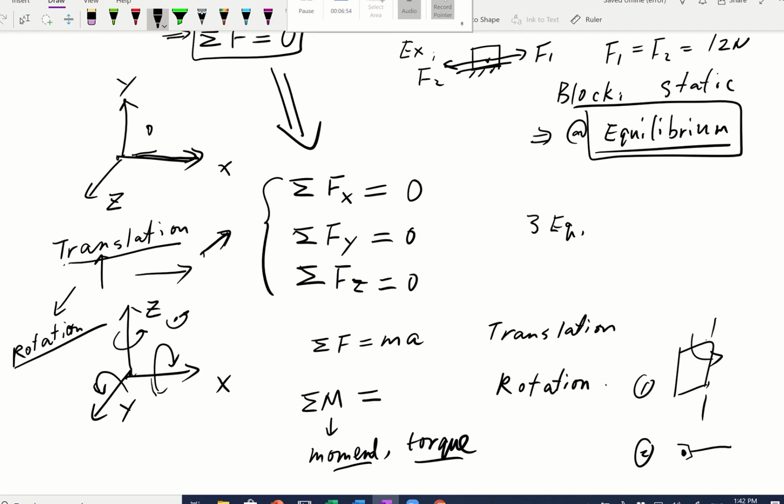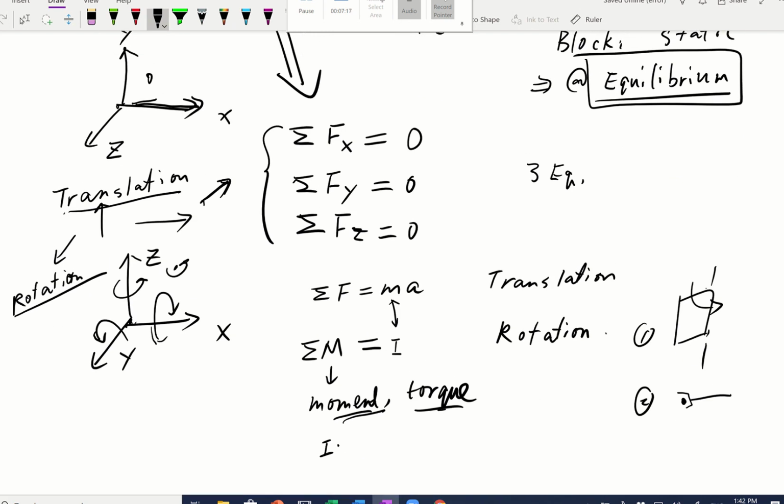You go around clockwise to tighten, right? So you're making that moment to make that rotational movement. So then what would be the equivalent for mass here? It's going to be I. So what is our I here? I is going to be our mass moment of inertia.